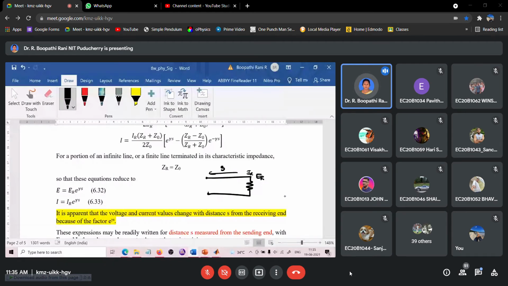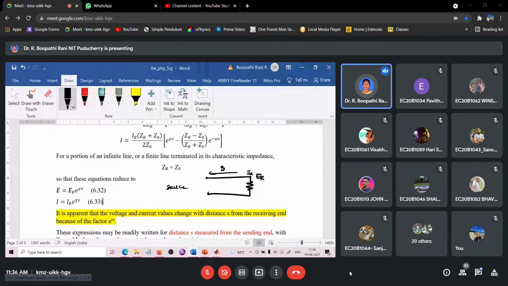When we go towards the source, this side we have our source. If we want to go towards the source, will the S value increase or decrease? Increase. Everyone agrees that. See, this is the distance from the receiving end.